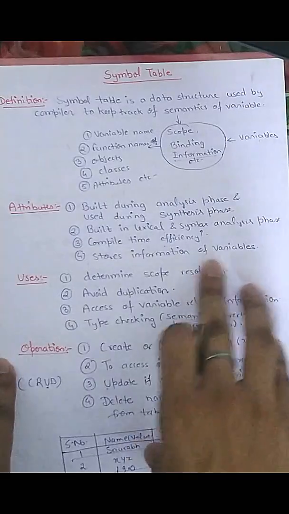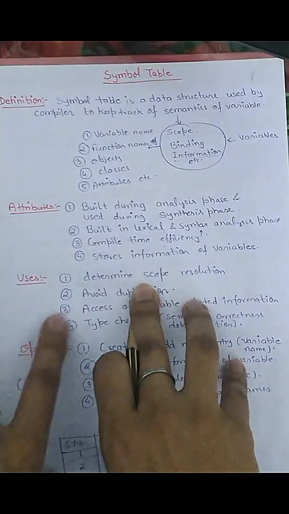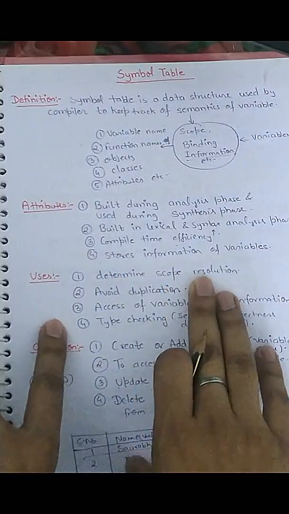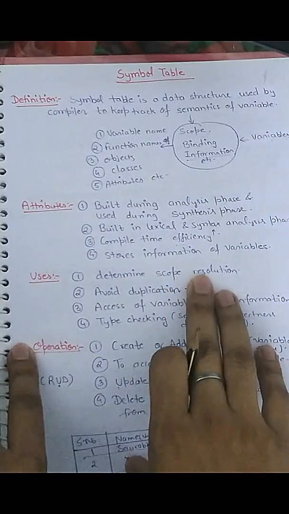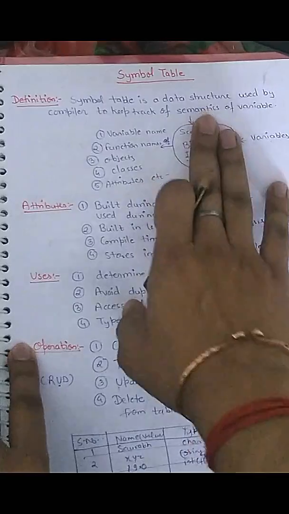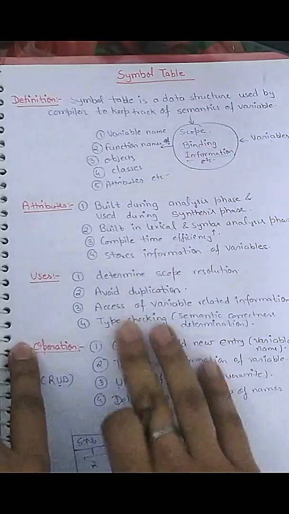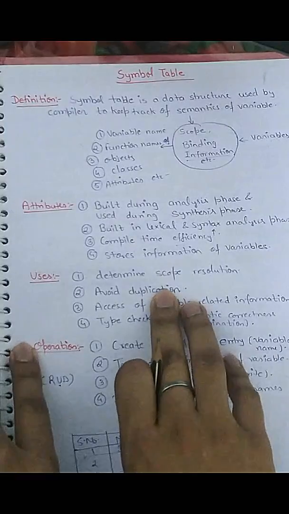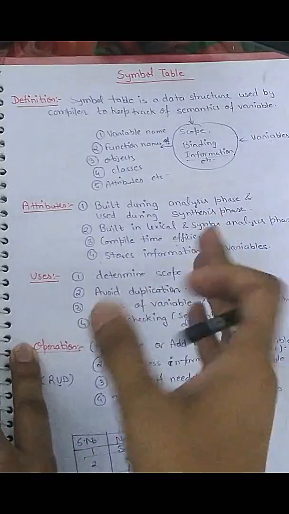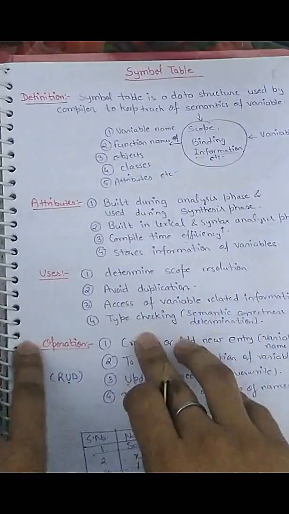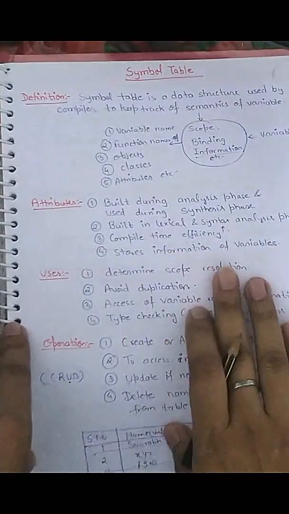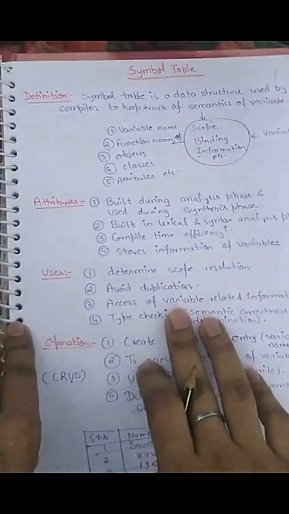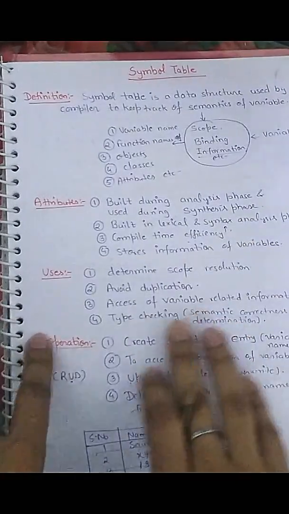So what are the uses of symbol table? Number one, it determines scope resolution, as we talked earlier that it is one of the semantics. Second, avoid duplication. If there is already an entry in the symbol table and the same entry comes again, then it avoids duplication, or it can overwrite it according to the program given by the programmer.